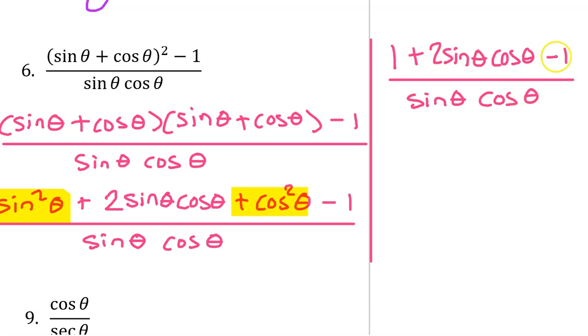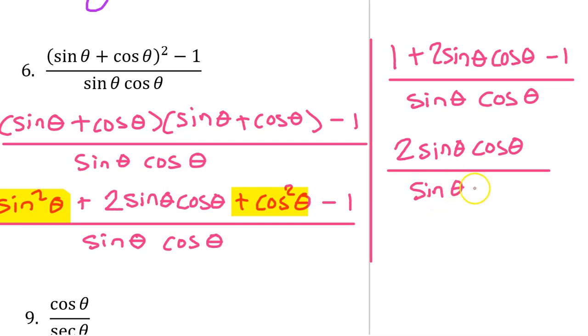Next, the 1 and the minus 1 cancel each other out. So we get 2 sine theta cosine theta over sine theta cosine theta. Guess what? I know you've been dying to do this. Since there is no more addition and subtraction in the numerator, we actually can cancel these out now, leaving behind simply 2.